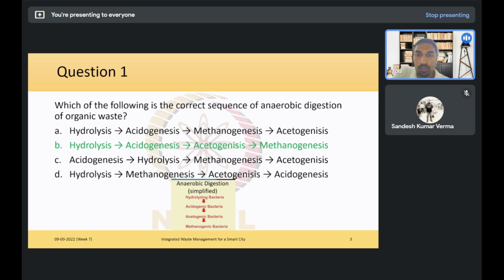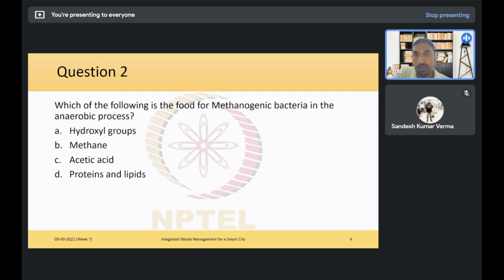Moving on to question number 2. Which of the following is the food for methanogenic bacteria in the anaerobic process? Options are hydroxyl groups, methane, acetic acid, proteins, and lipids. This is an extension of the previous question.